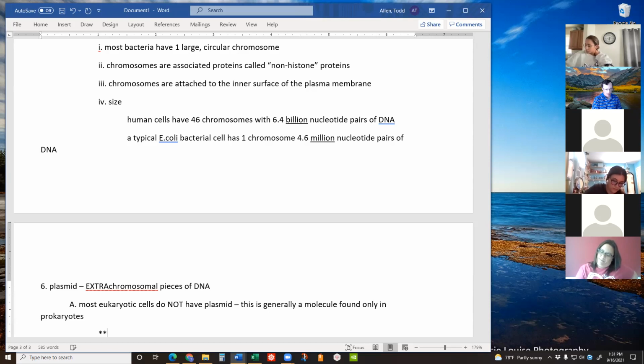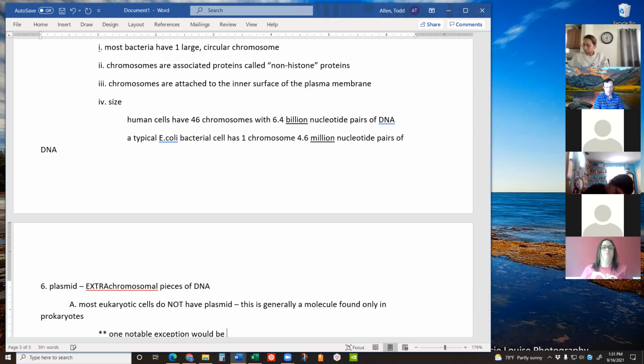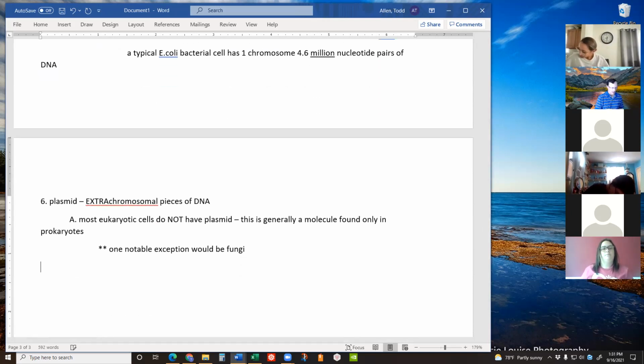I will say there are some rather strange looking molecules of DNA that exist in some weird types of fungi that have a plasmid-like appearance to them. And fungi, of course, are eukaryotes. So one notable exception would be fungi.